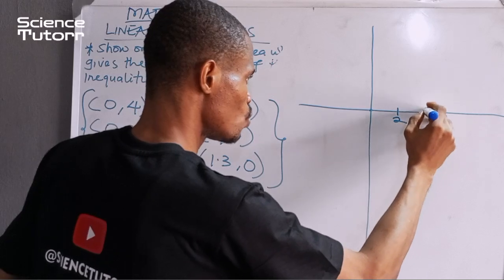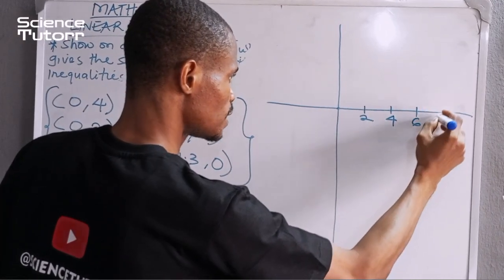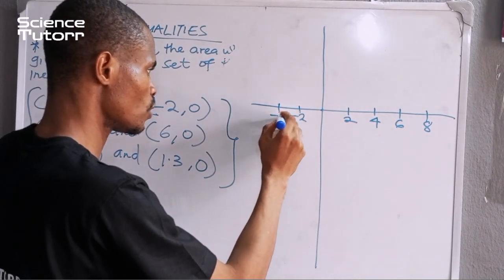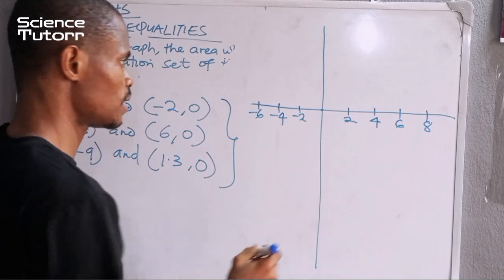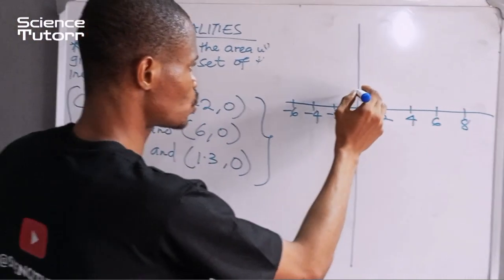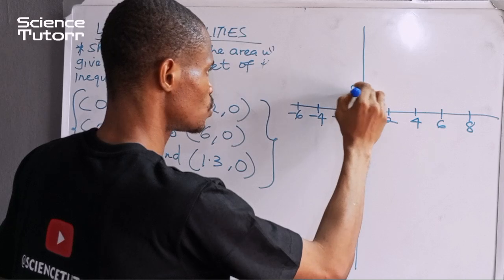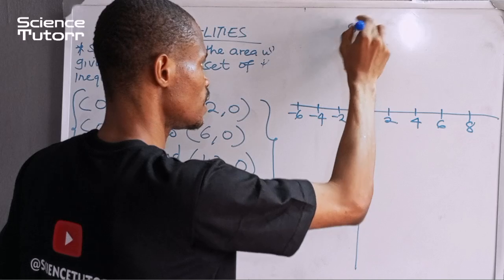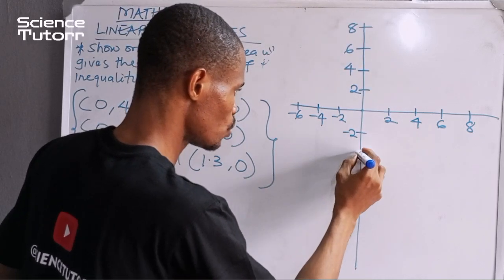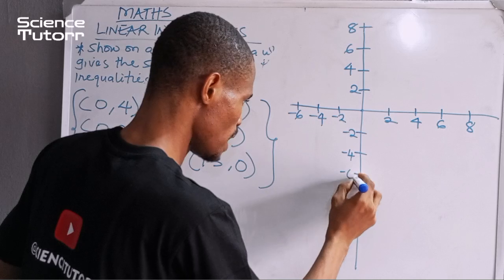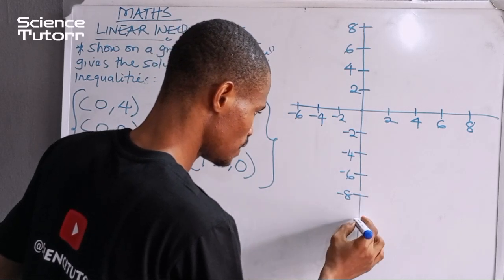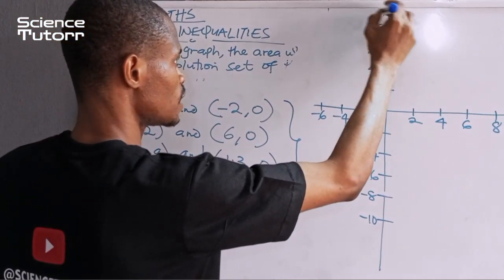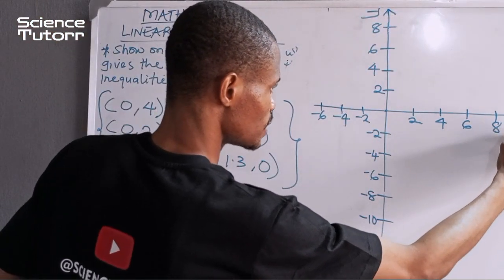So I have 2, 4, 6, 8. On this side, I have minus 2, minus 4, minus 6. Above, I'm going to be using 2, 4, 6, 8. Below, minus 2, minus 4, minus 6, minus 8, minus 10. Don't forget, this is the y-axis, while this is the x-axis.